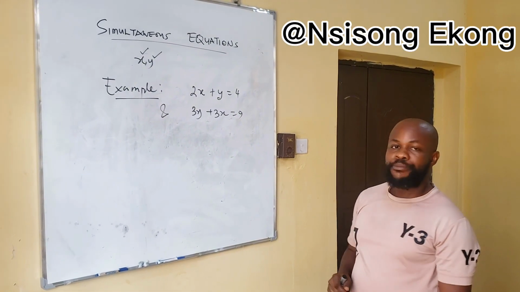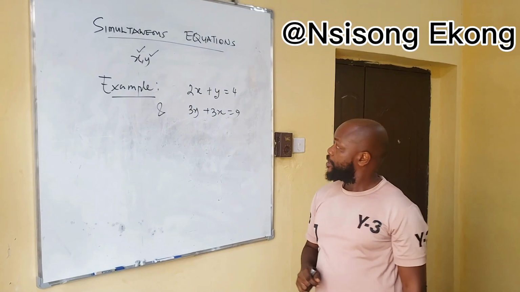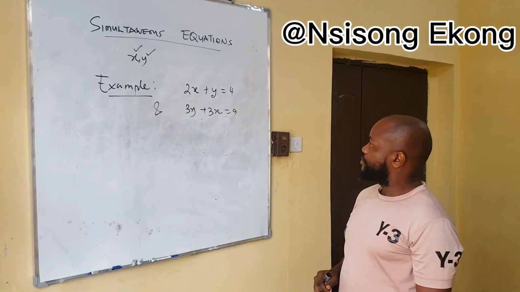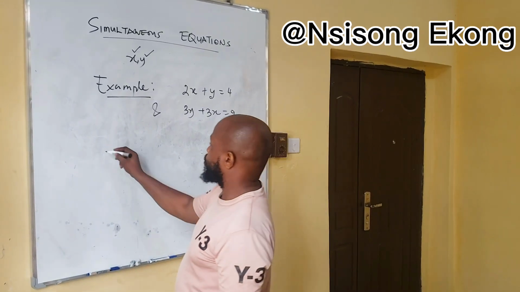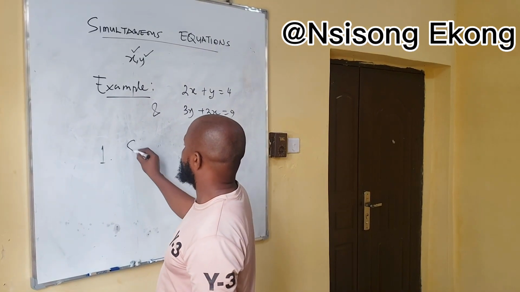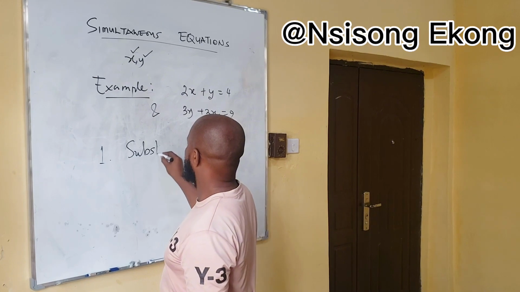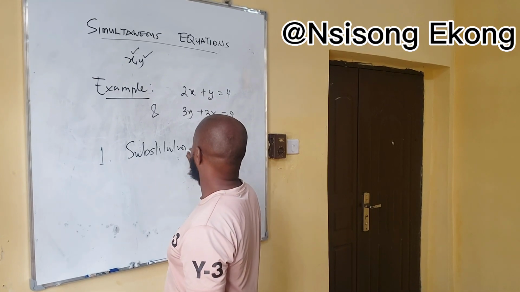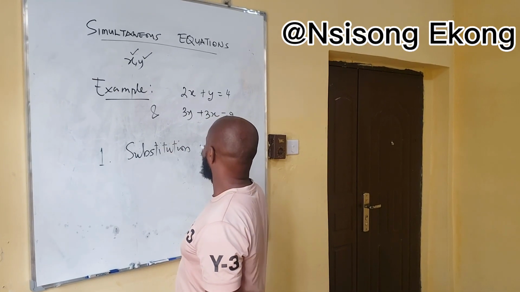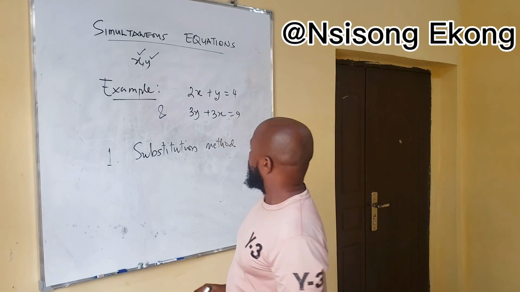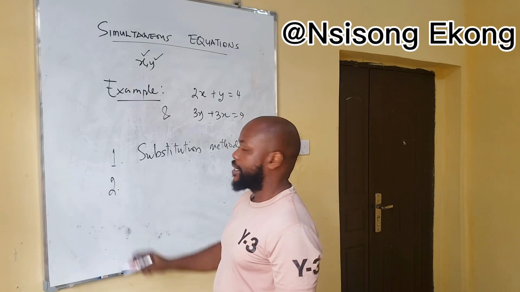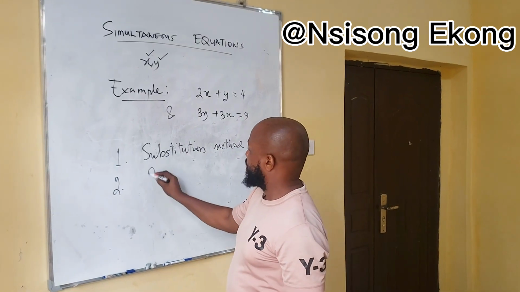Notice we have two methods primarily to be able to obtain the values of x and y at the same time. The first method we want to consider is called the substitution method, and the second method we'll consider later on will be the elimination method.